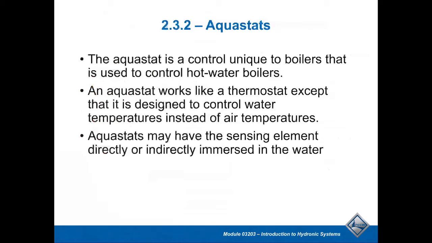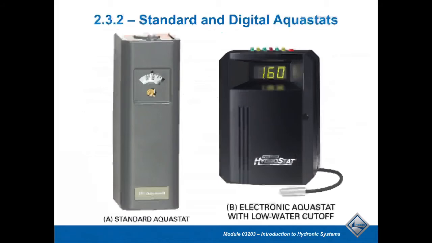But the Aquastat is essentially the water thermostat. It's designed to control the water temperature either to a maximum in the boiler or a minimum and maximum in the boiler. There's different ways that they'll do it, but typically we would normally see the Aquastat being used to control the maximum water temperature that would be seen in that boiler.